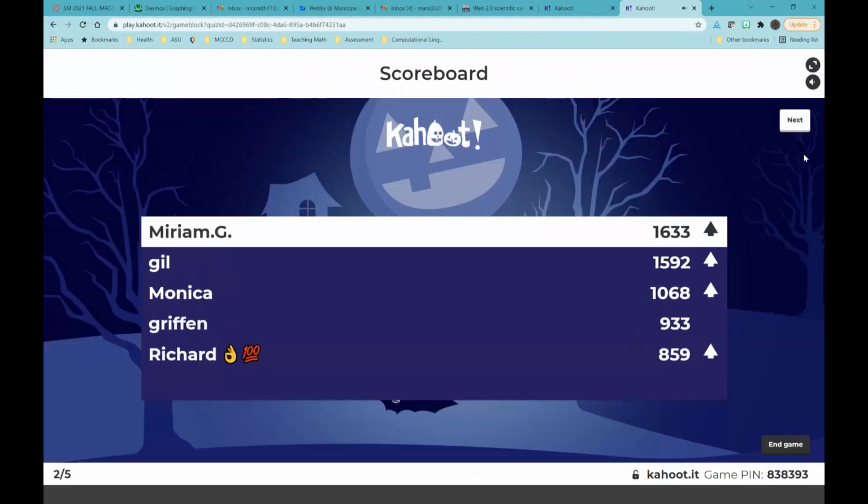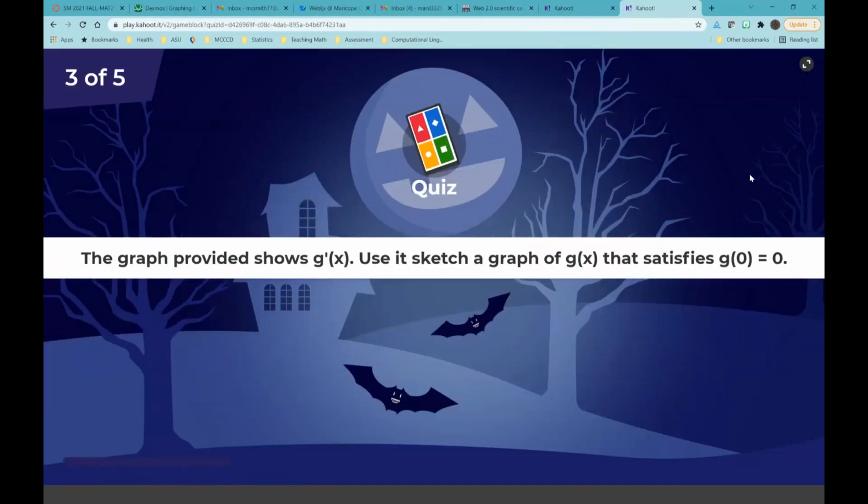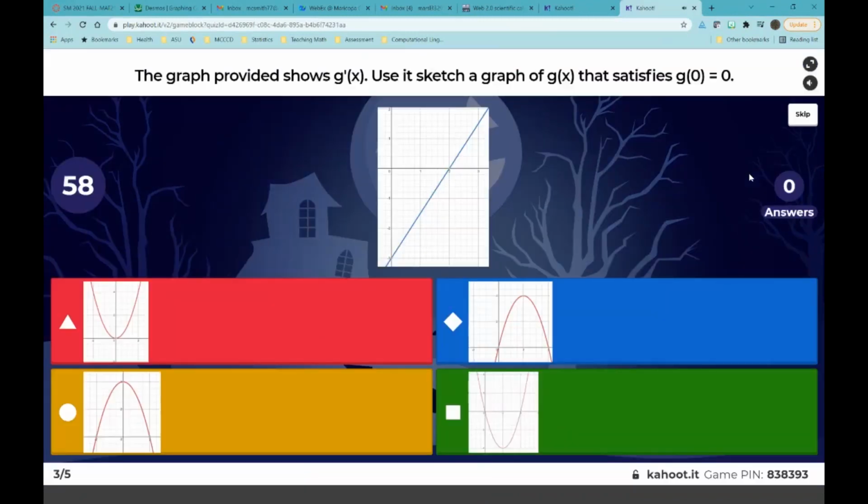Okay, here are standings. Here we're giving you a derivative graph, and we want the graph of the antiderivative.